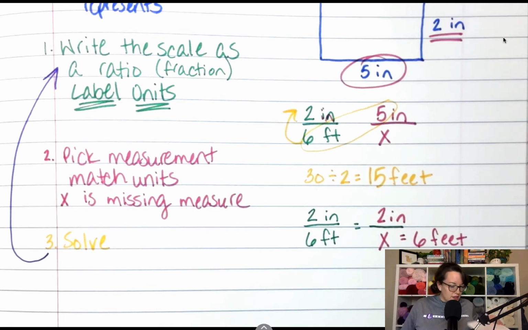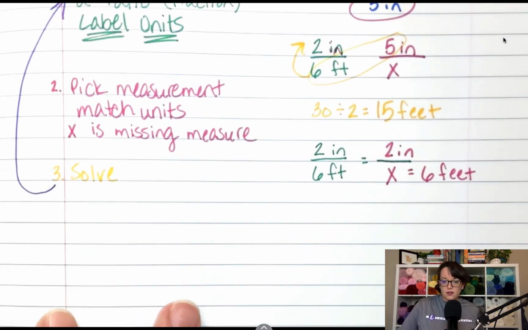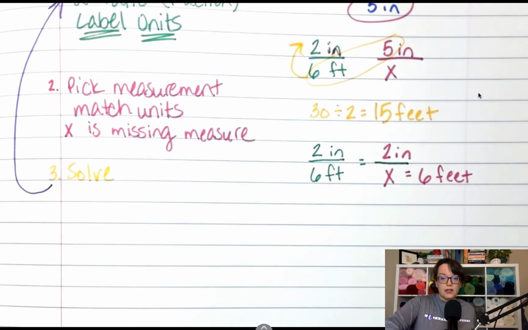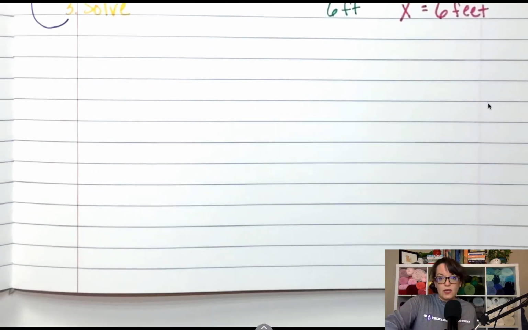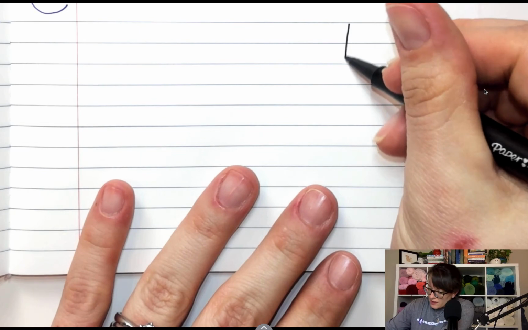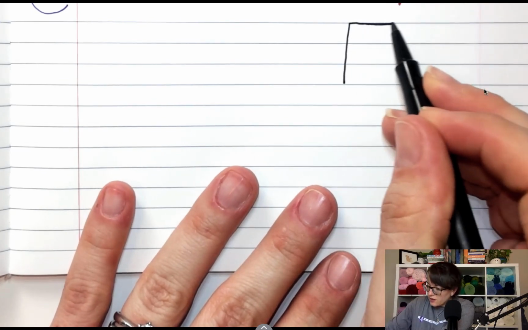All right. Let's look at another one. I hope you wrote down your steps so we can just work this one out. I have a rectangle that is 12 centimeters by 9 centimeters.